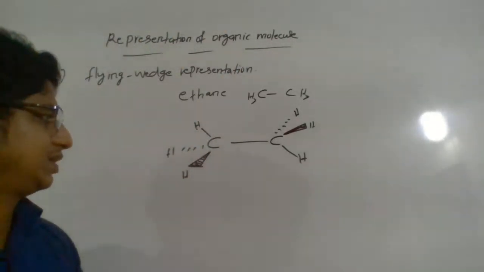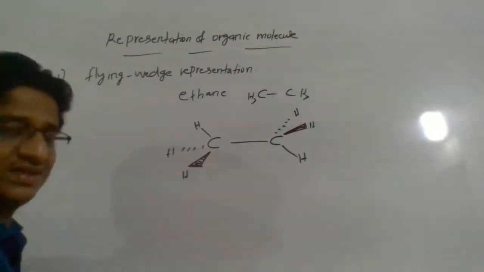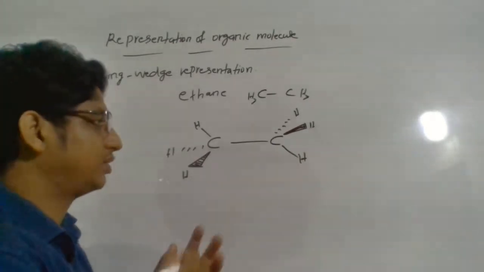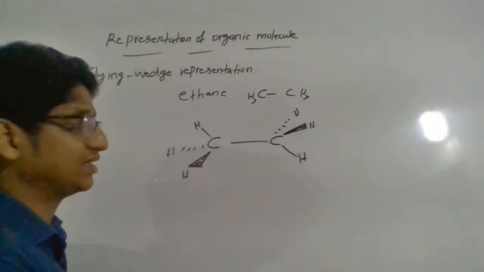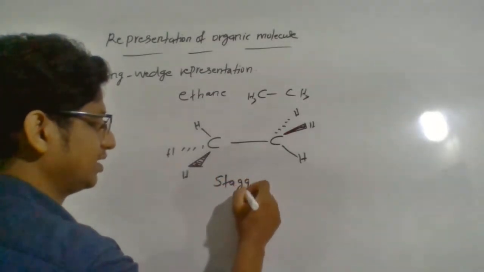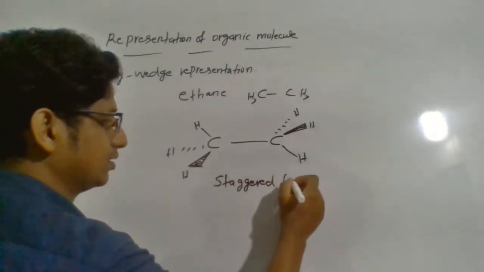So this is CH3 CH3, that is ethane. This is what we call a staggered conformation.